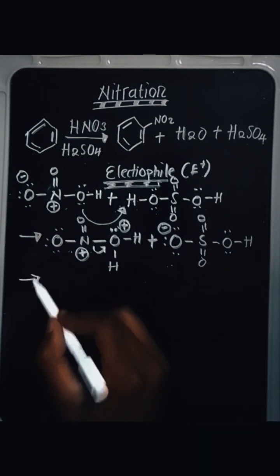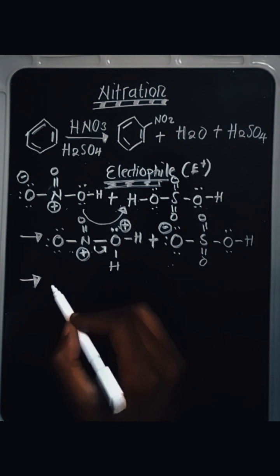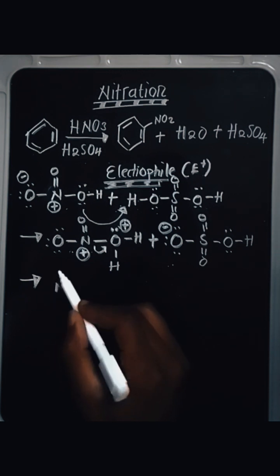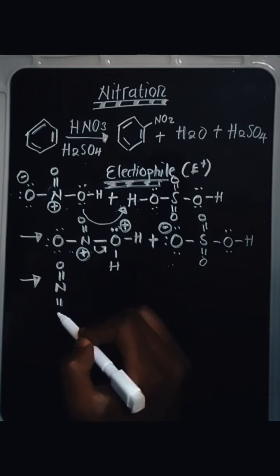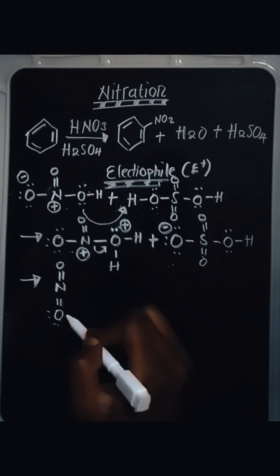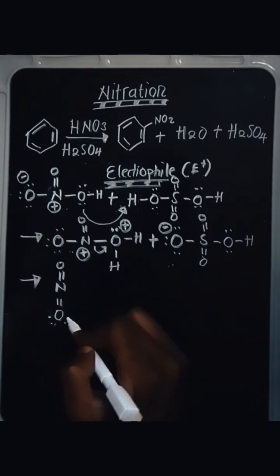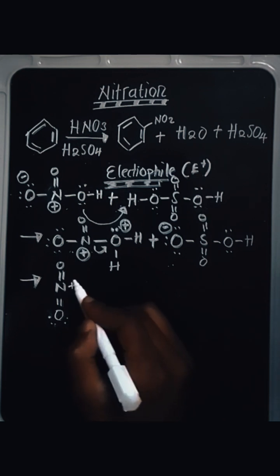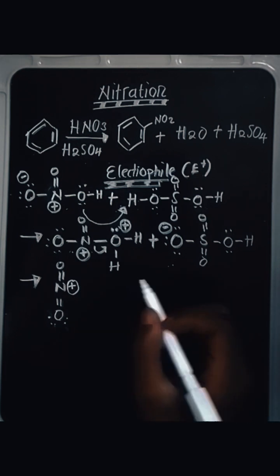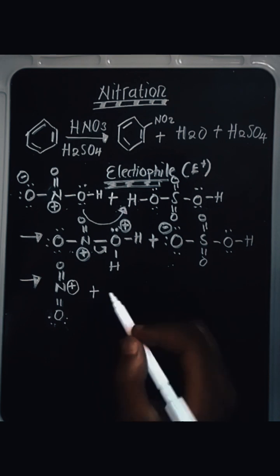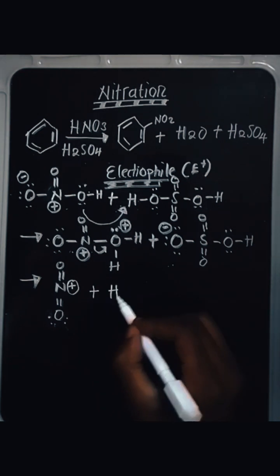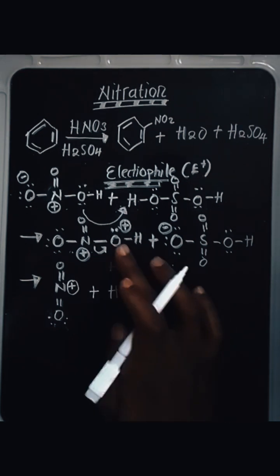So you form something that will look like this. You have your, this will come down, so it will look something like that. Carrying a formal positive charge, and then you also have some water that will be evolved, right?